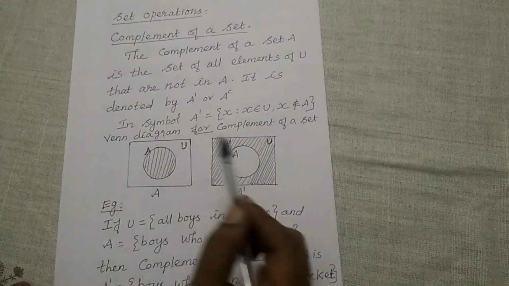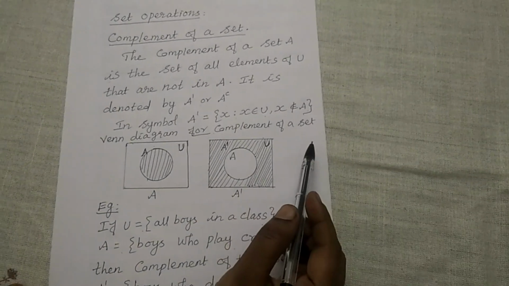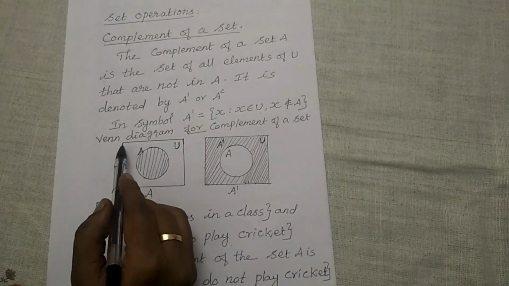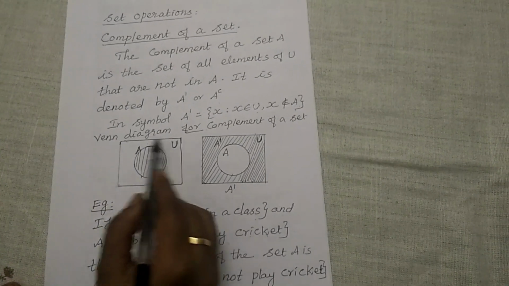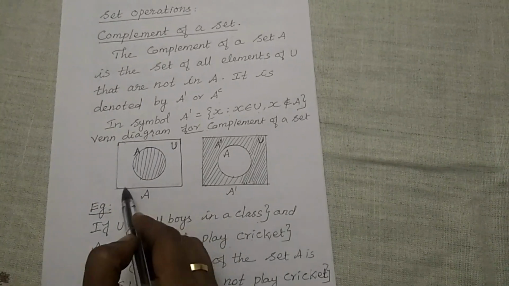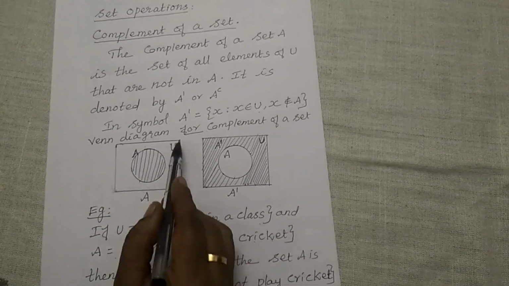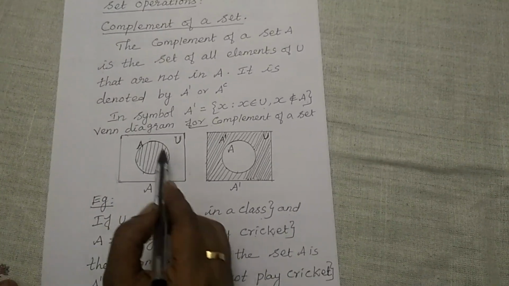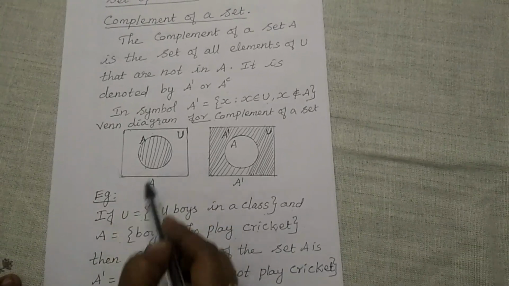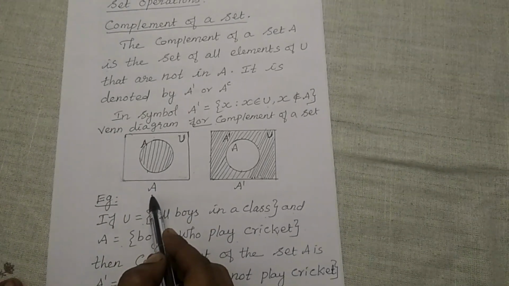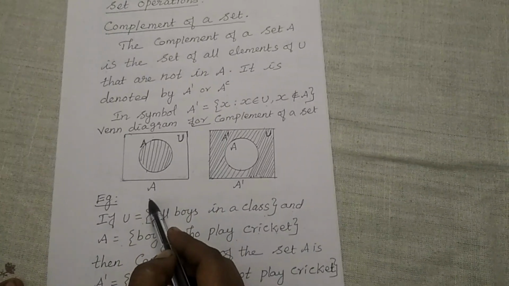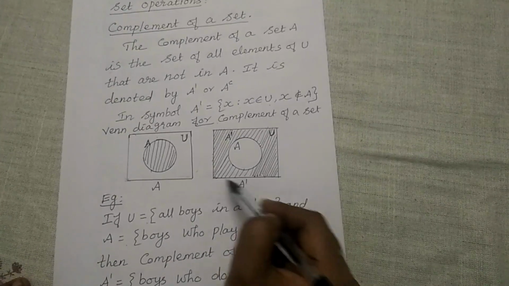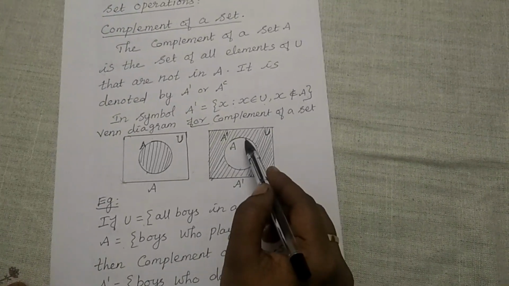Okay. Then Venn diagram for the complement of a set. How to represent the Venn diagram? This rectangle box is the universal set. This is set A. The shaded portion is set A. Next one. This is the universal set. Then set A is given.